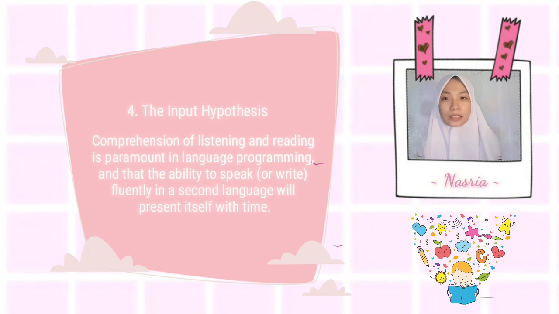According to this hypothesis, the learner advances and develops along the natural order when he or she receives second language input which is one step beyond his current stage of linguistic competence. For example, if a student is in stage 1, then acquisition occurs when he or she is faced with comprehensible input, which is input at level 1+1.